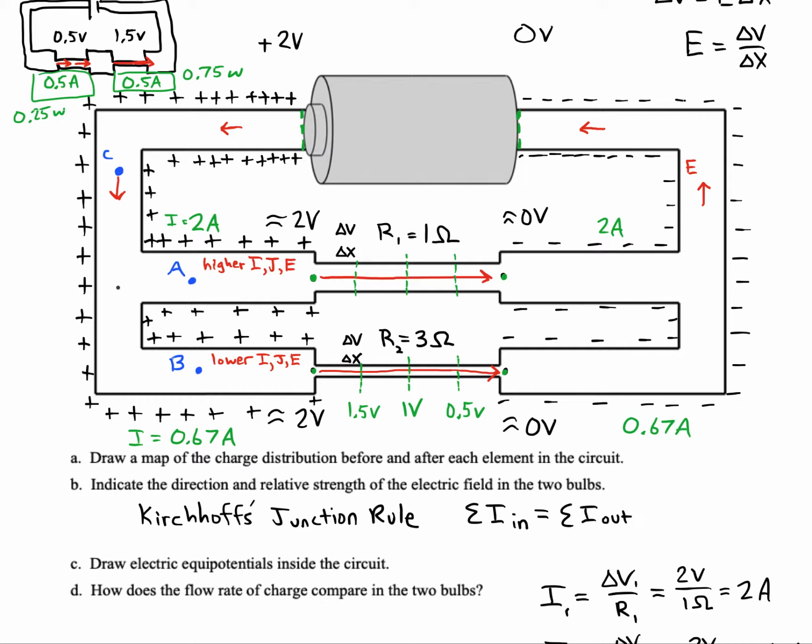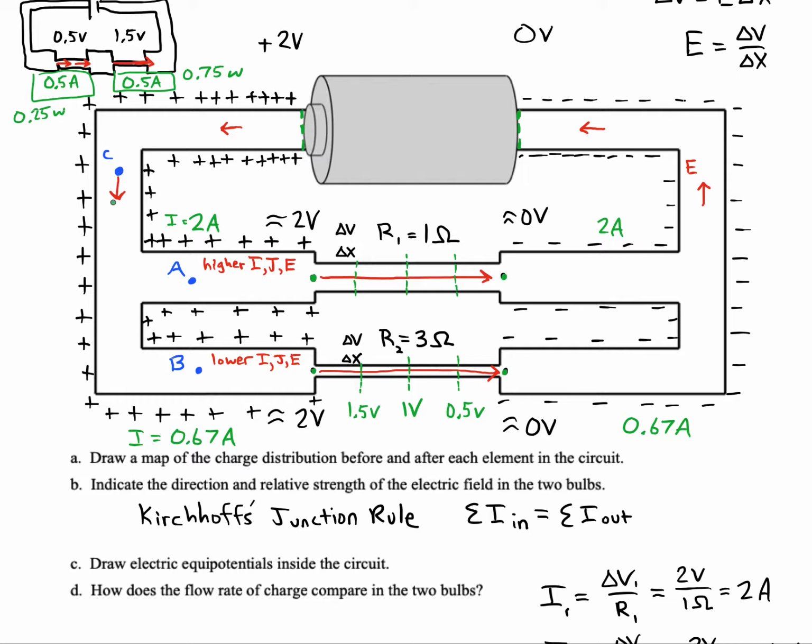And this is important for parallel circuits because the current that we have coming in from the positive terminal here is going to split. It's going to split into two parts, where some of the current is going to go through the middle branch and some of it's going to go through the lower branch.